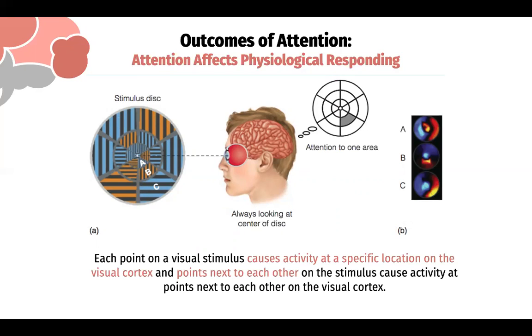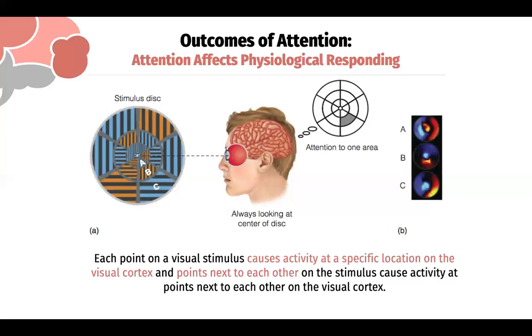The colors in the circles in figure B indicate the area of the brain that was activated when the participant directed his or her attention to different locations indicated by the letters on the stimulus in figure A. As you can notice, the yellow hotspot in this picture, which is the place of greatest activation, moves out from the center and also becomes larger as attention is directed farther from the center.